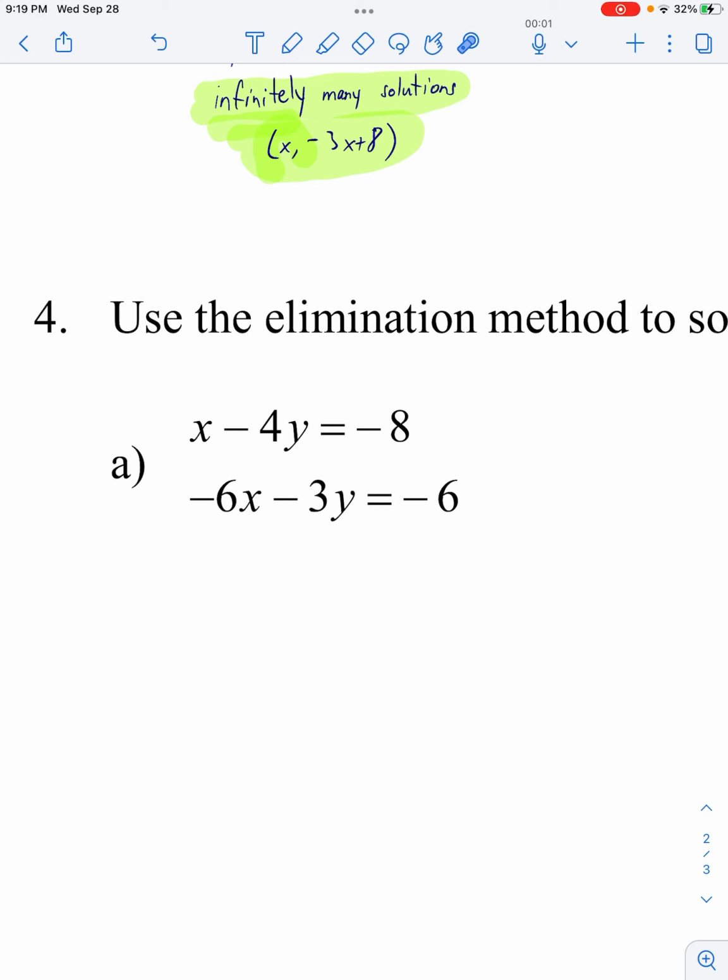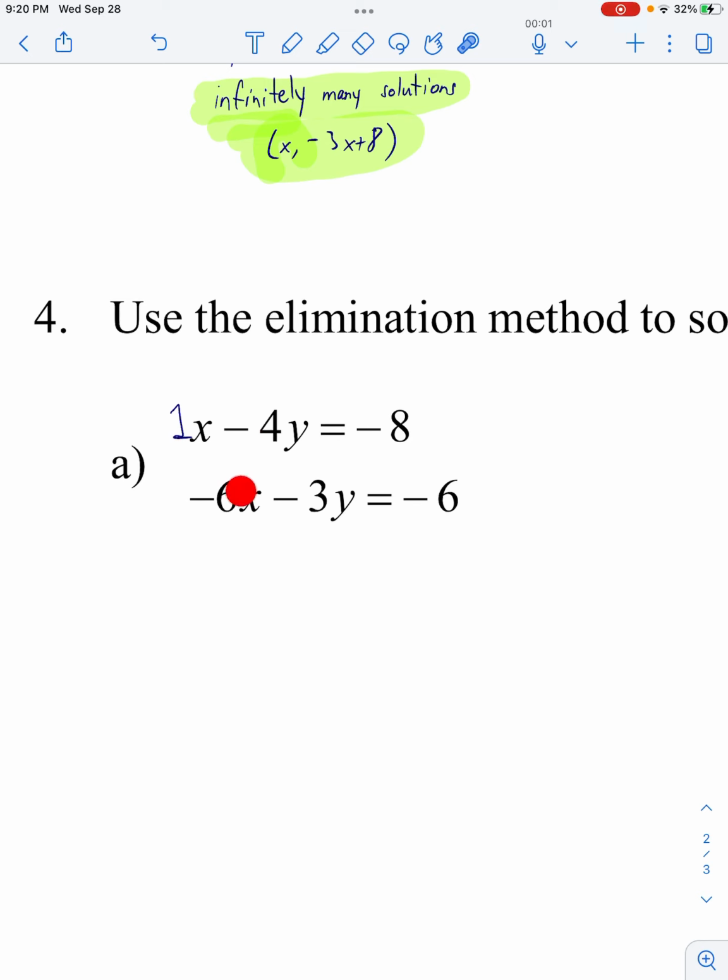Elimination method. What we do is we want to eliminate part of this equation down here, okay? So this x has a coefficient of 1. What we're looking for here is look at each variable, your x and y.